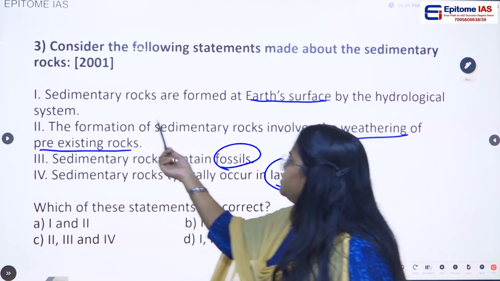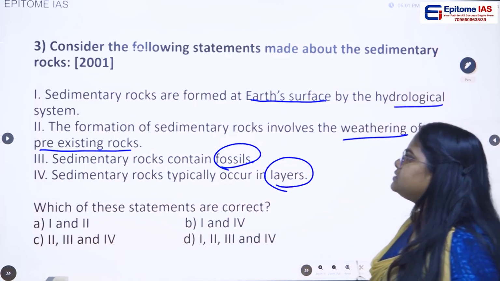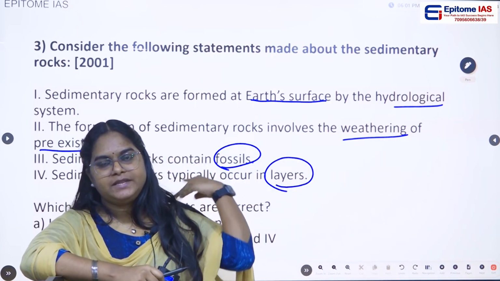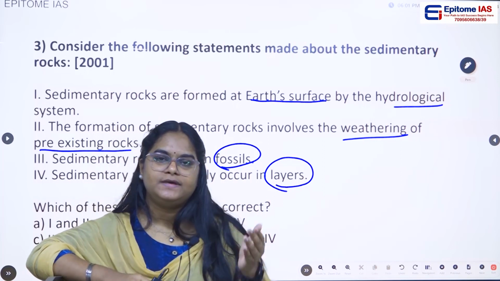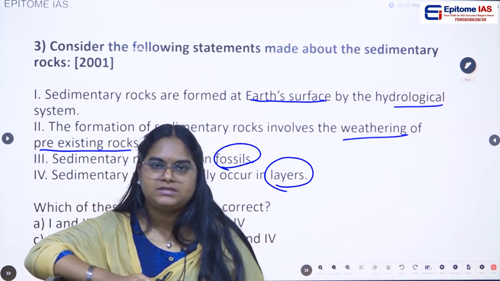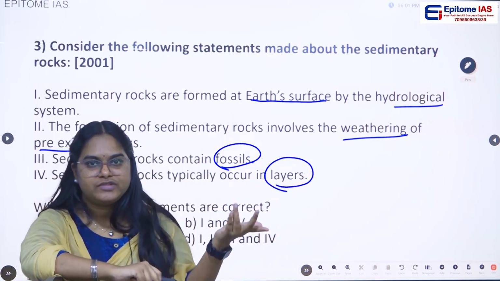Statement 1 says that sedimentary rocks are formed at the Earth's surface by the hydrological system. Is that true? The sedimentary rocks are usually formed on the surface of the Earth. We saw that igneous rocks can be formed inside the Earth, or on the surface of the Earth also.